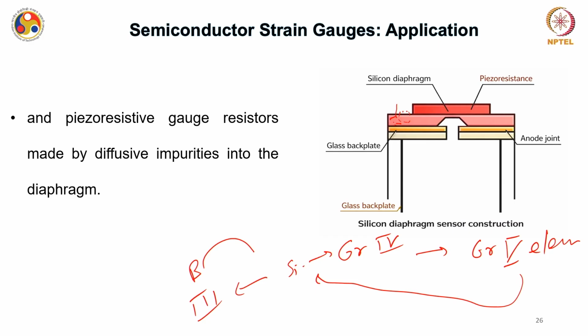If you are not interested in doping, for this particular course I am just mentioning that the piezoresistive gauge resistors are formed at these two particular sides of this silicon by a certain doping technique. As I have mentioned, there are two ways of doping silicon: diffusion and ion implantation.